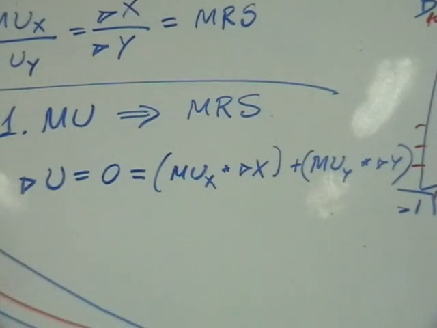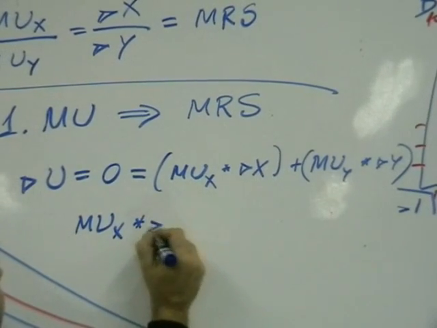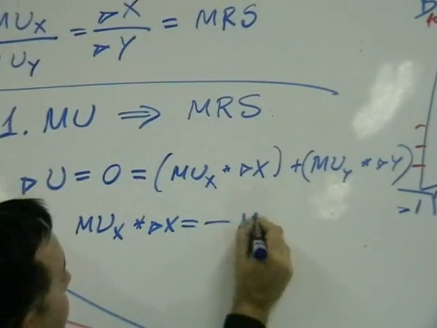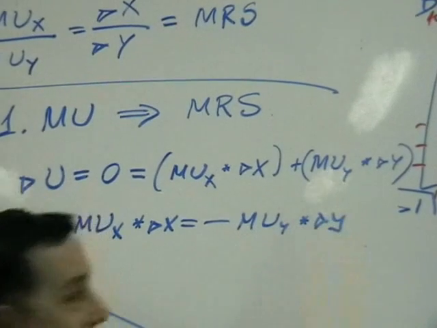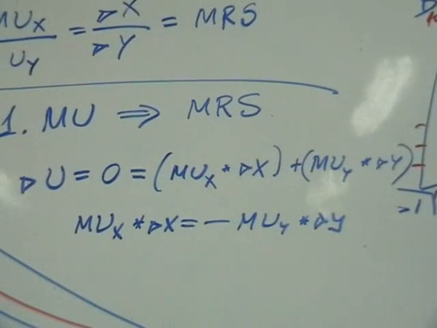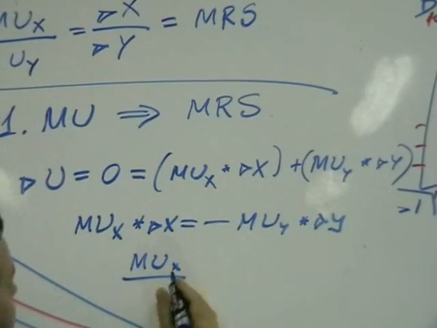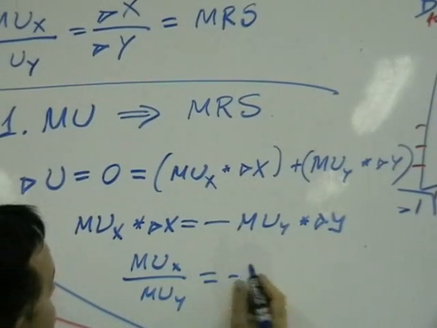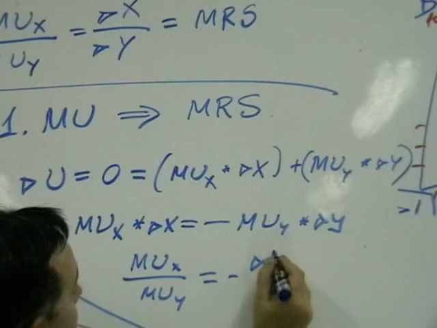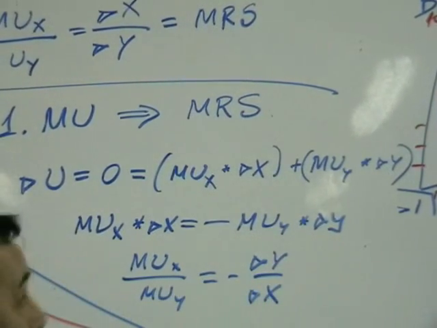When we rearrange this, it becomes marginal utility of X times delta X equals minus marginal utility of Y times delta Y. I see that this derivation is totally strange to you. So now we say that marginal utility of X divided by marginal utility of Y equals minus delta Y divided by delta X at that particular point.